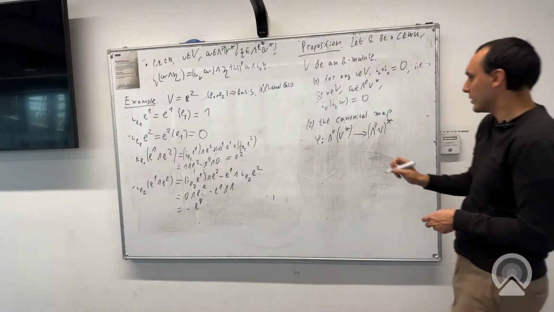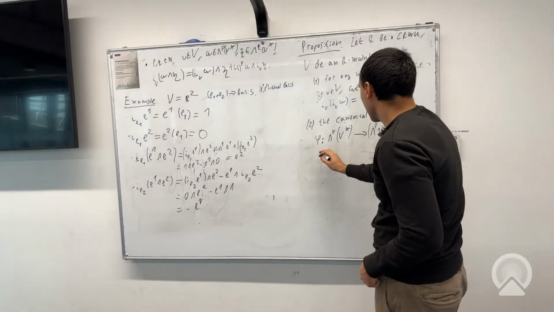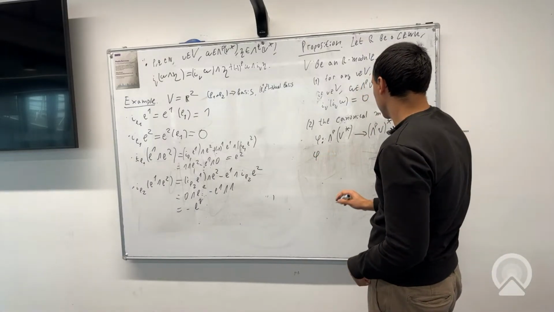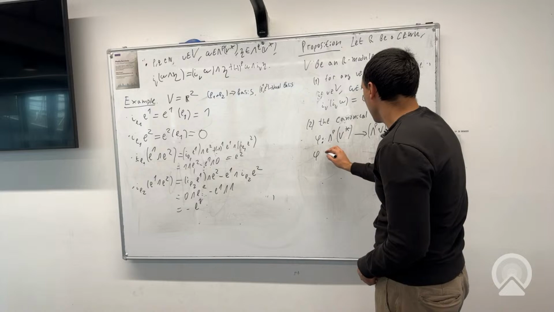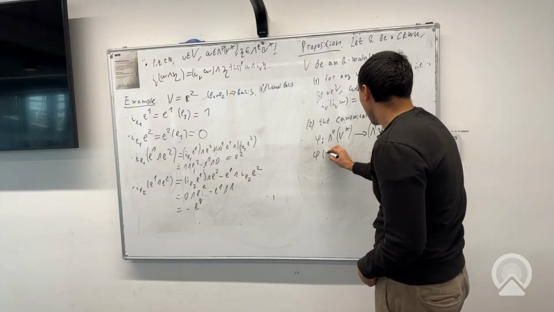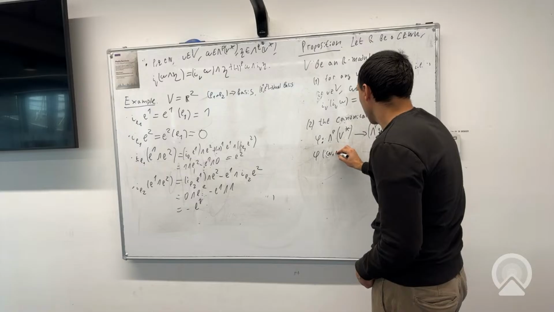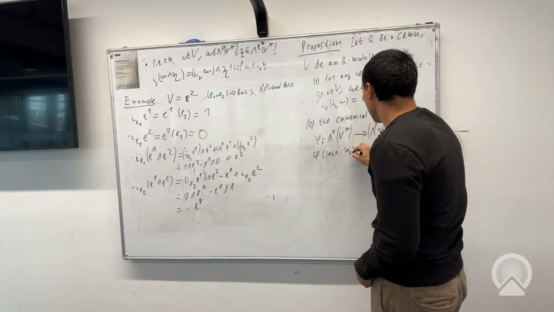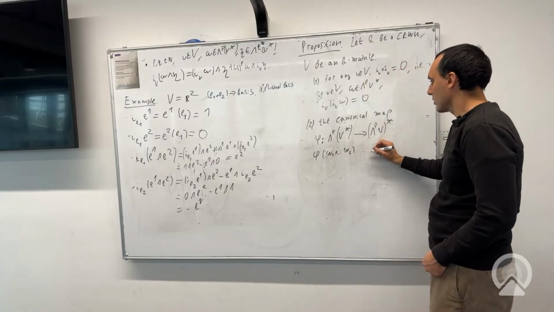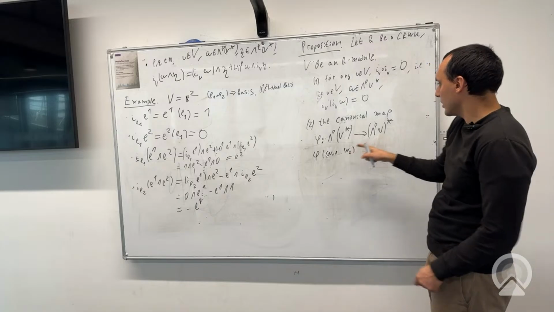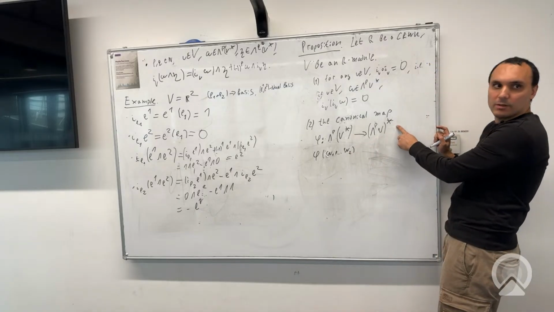The canonical map is defined the following way. Phi of omega 1 wedge through omega p. So this should be applied to a p vector in V.